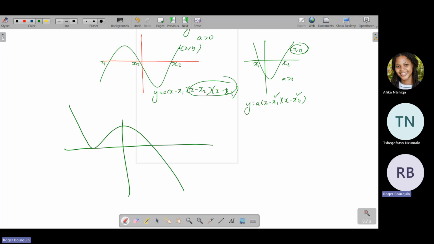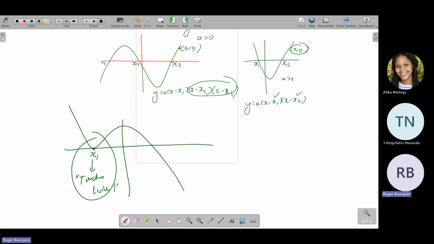If you've got a stationary point on the x-axis, this x1, the way I think about it, when it touches it, it slows down, so it touches twice. Parabola does the same kind of thing. Remember if you've got a parabola and it turns there, it slows down and touches at 2 points, if you want to think of it like that. So that counts as double, if you like.